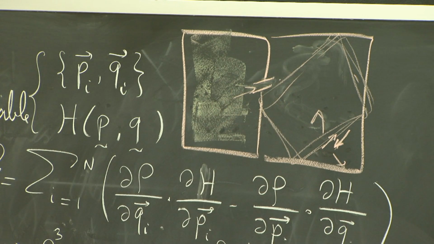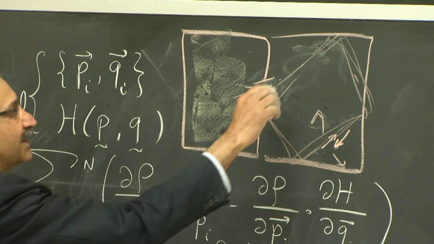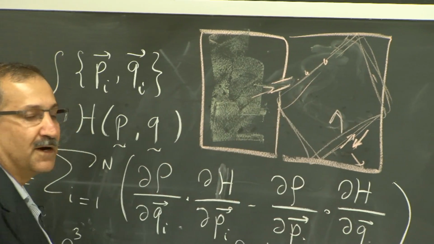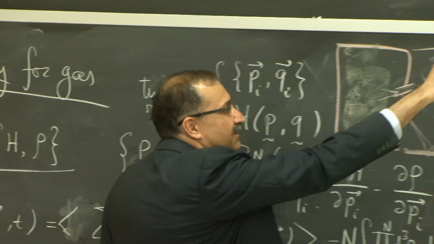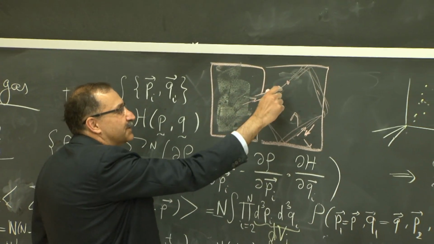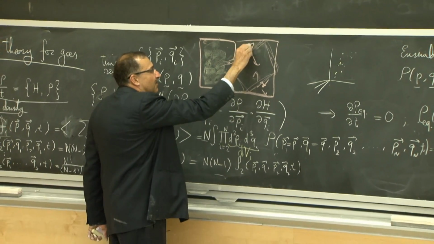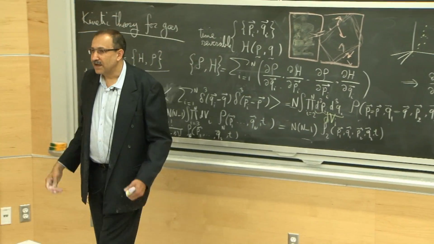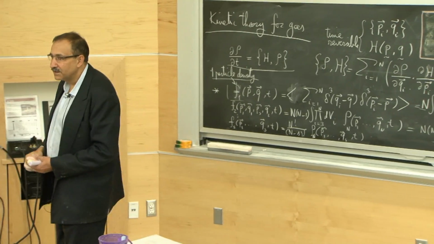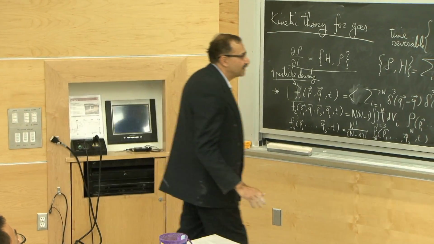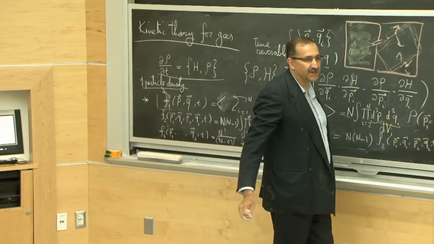However, if there is a collision between two of the particles, so the particles that come in here have different velocities, they will hit each other. The moment they hit each other, they go off in different directions. And after a certain number of hits, I will lose all of the regularity of what I had in the beginning.